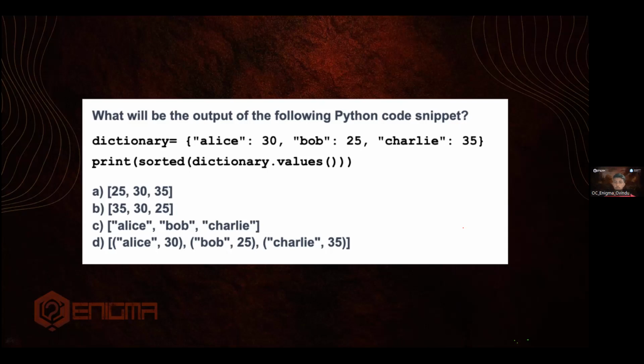Okay, so very good. I think everyone has given the right answer, and that is answer A, which prints out the values, which are 30, 25, and 35 in sorted order, in ascending order. So yes, I think we can move on.